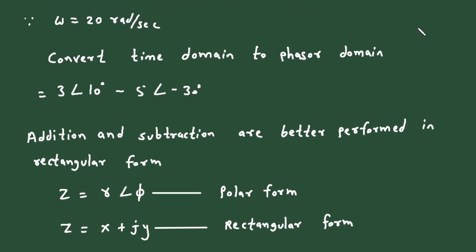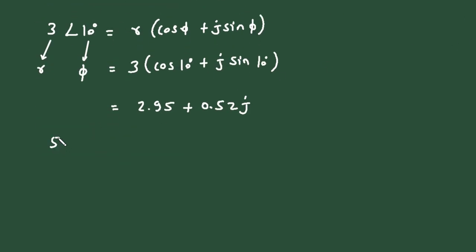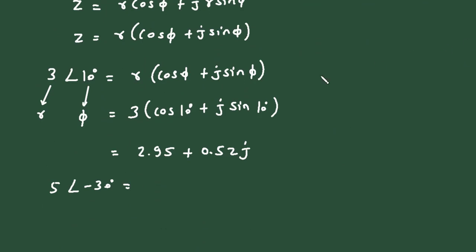Then here it is 5 at an angle minus 30 degree. So this is the value of R and this is the value of phi.